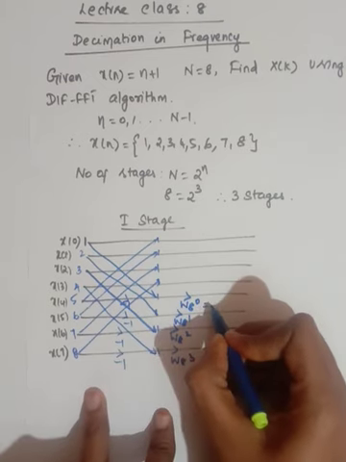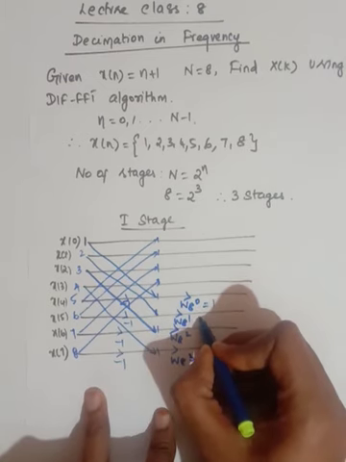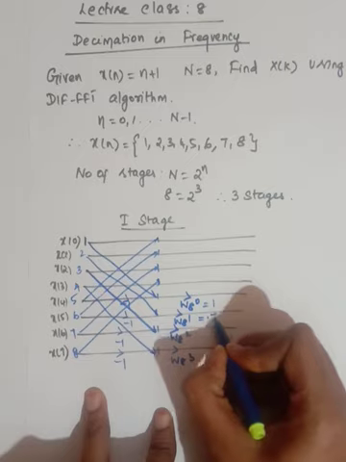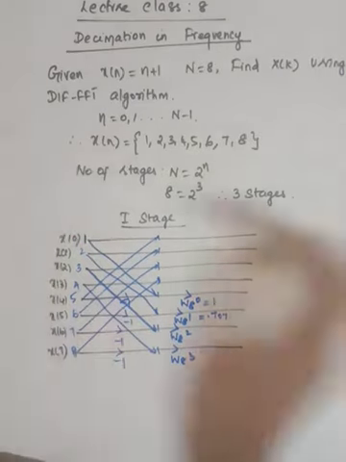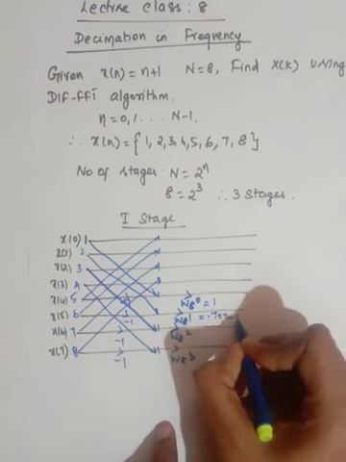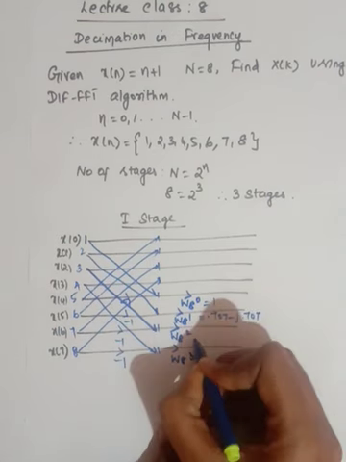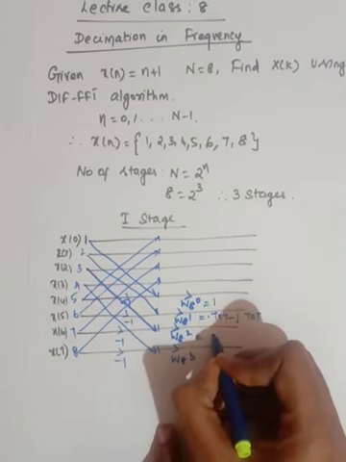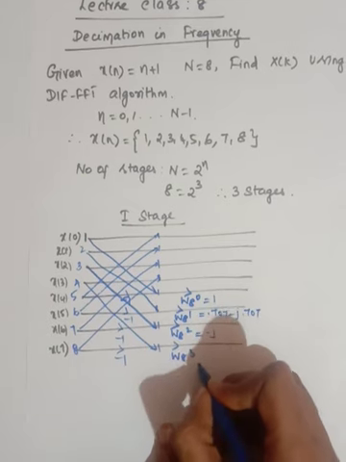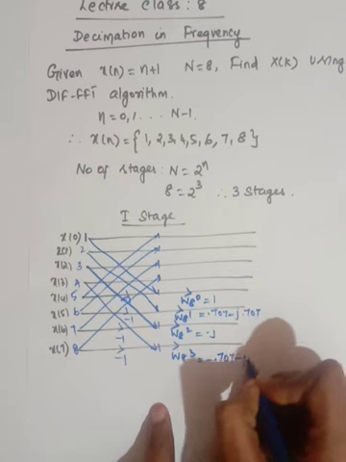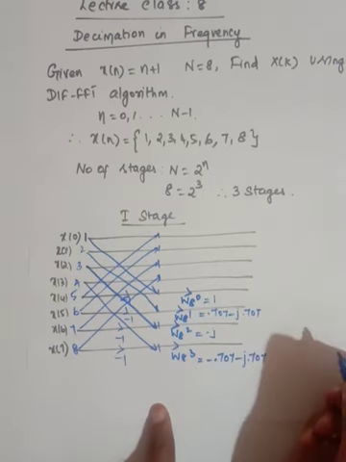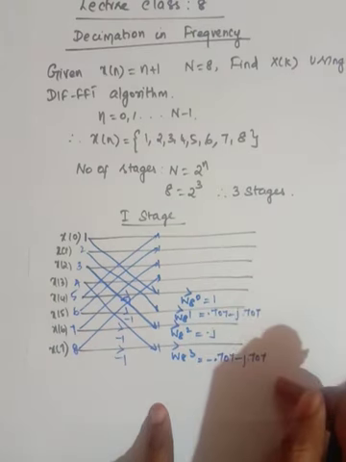We know that W8 power 0 is 1, W8 power 1 is 0.707 minus j 0.707, W8 power 2 is minus j, and W8 power 3 is minus 0.707 minus j 0.707. Using these values, I am going to find the output for this stage.